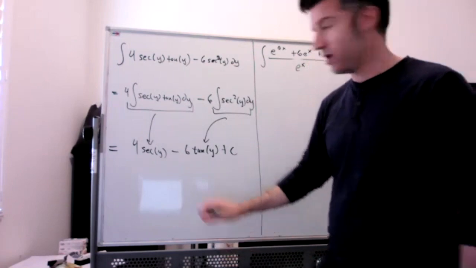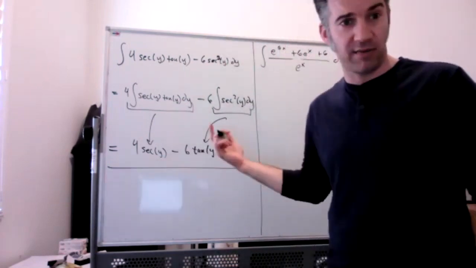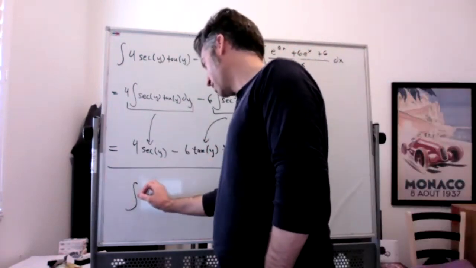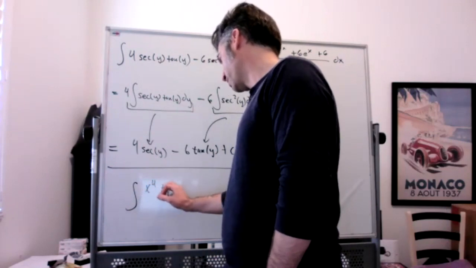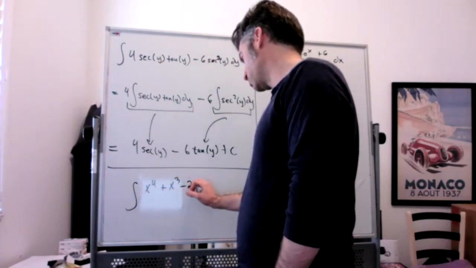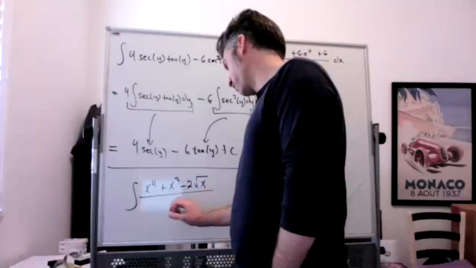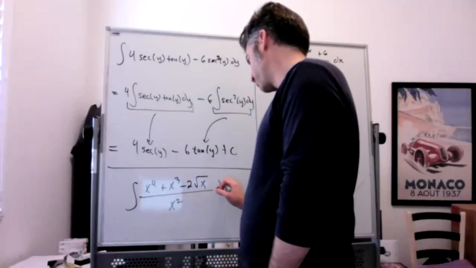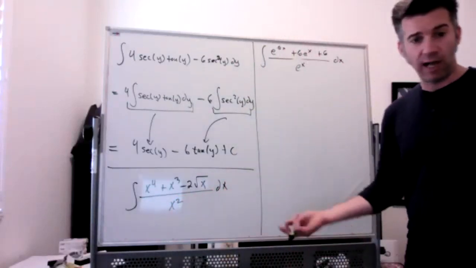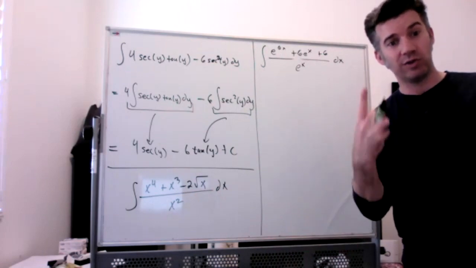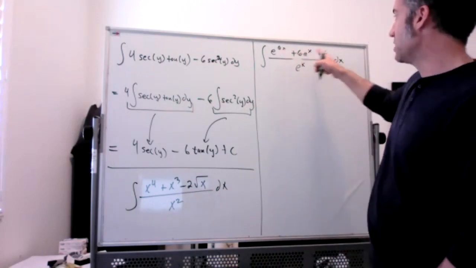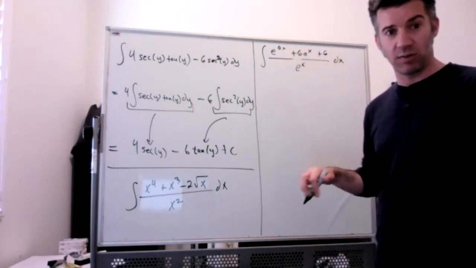In a similar way, the same thing I'm about to say would be true if you had something like x to the 4th plus x cubed minus 2 square roots of x all over x squared. If you have a fractional thing and the denominator has a single term, you can divide each thing in the numerator by that single term in the denominator.